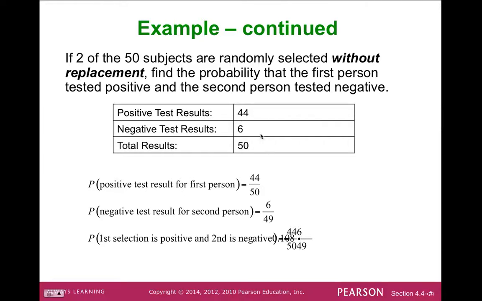We only have 6 out of 49 people now who tested negative, or who would be eligible to be part of this total to get your probability for your negative. So your negative result is 6 out of 49 people. And when you multiply those two together, you get 0.108 or 10.8%. So this is without replacement.